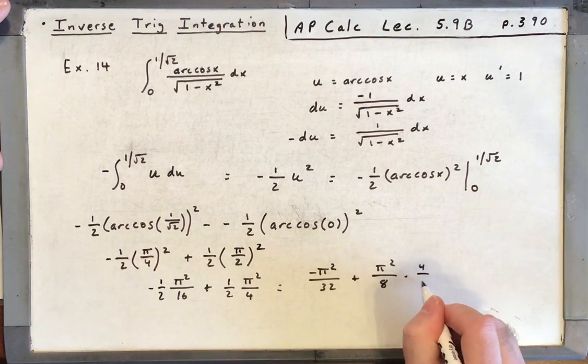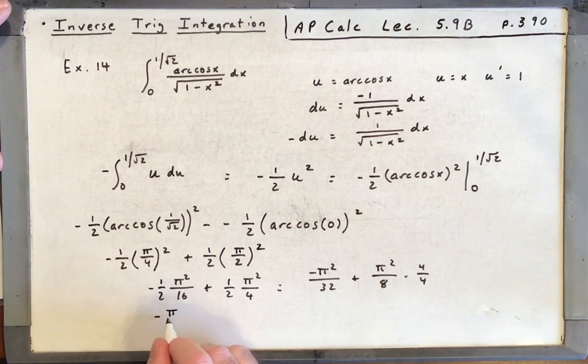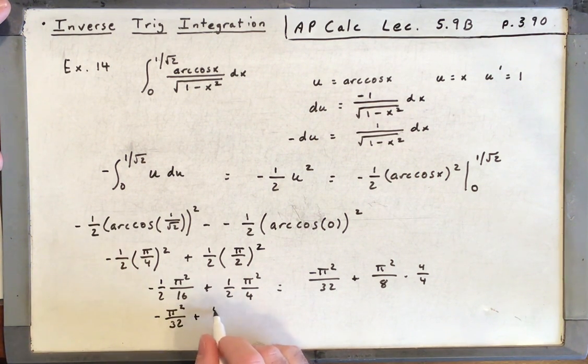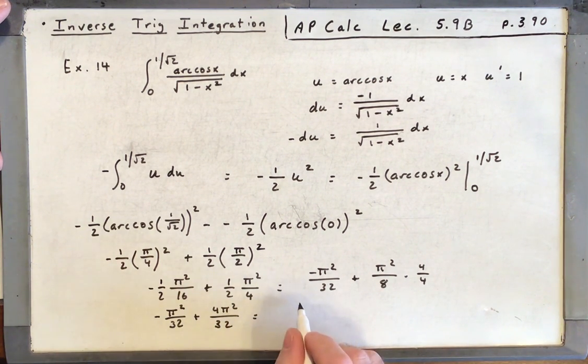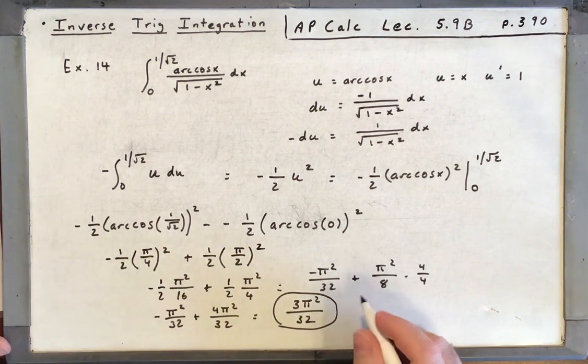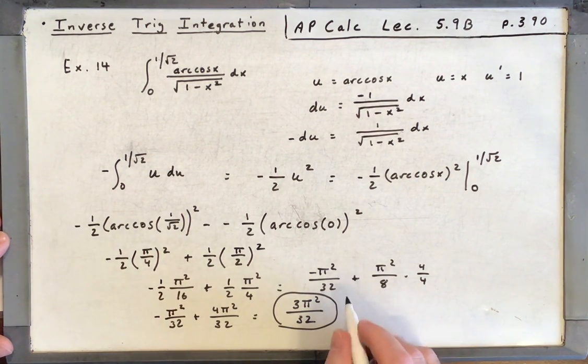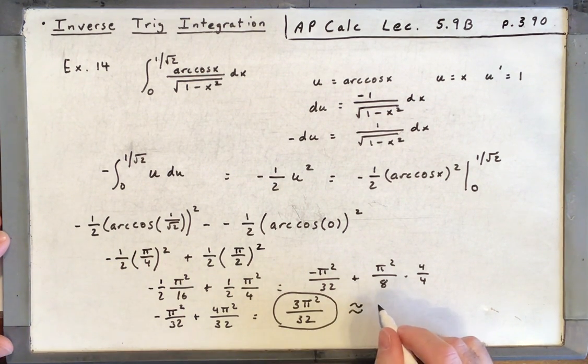So let's multiply this second one times 4 over 4, and that's going to be negative pi squared over 32 plus 4 pi squared over 32. And that's going to be 3 pi squared over 32. All right, so if you put that in your calculator, that's approximately equal to 0.925.